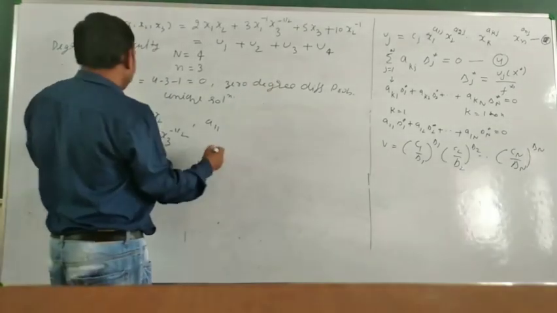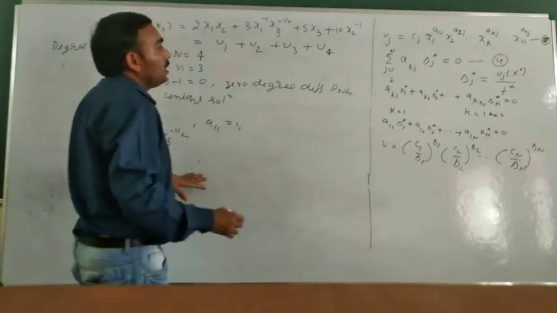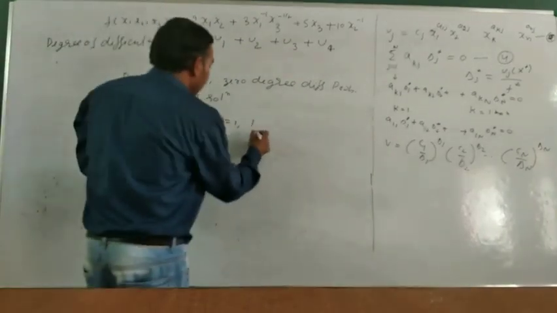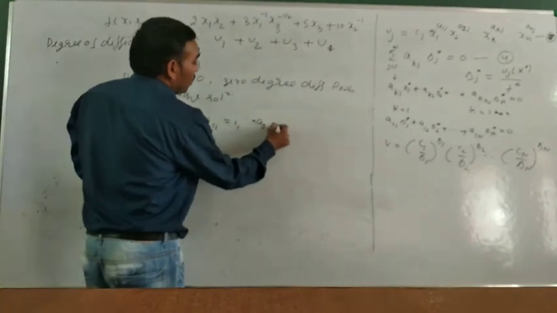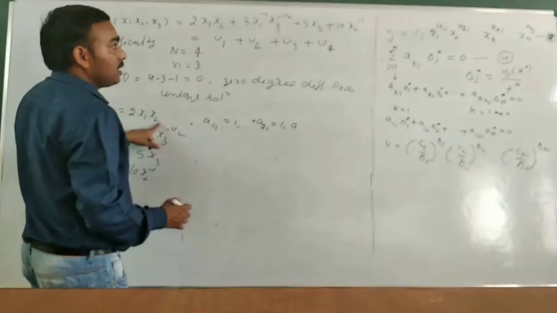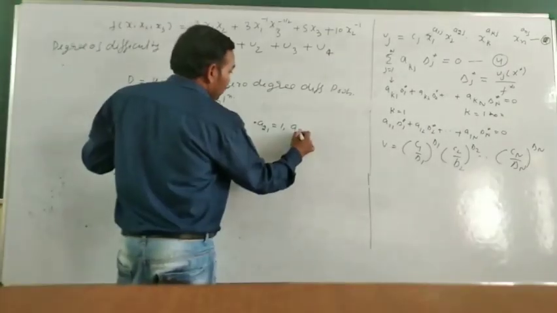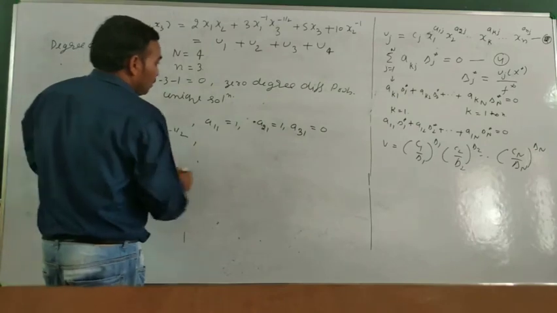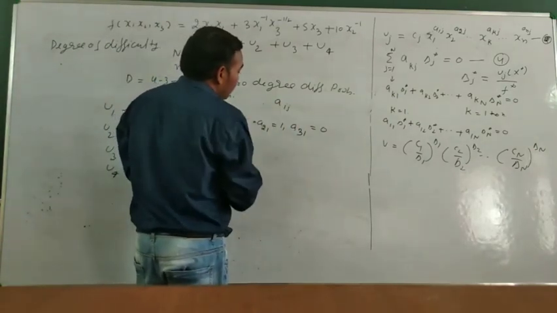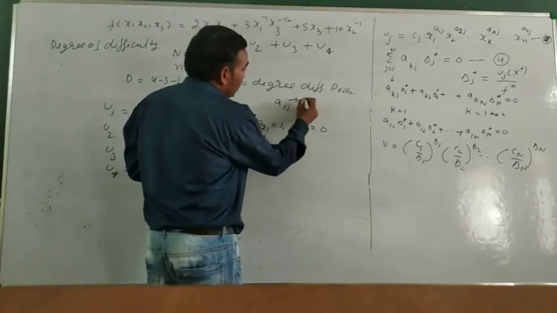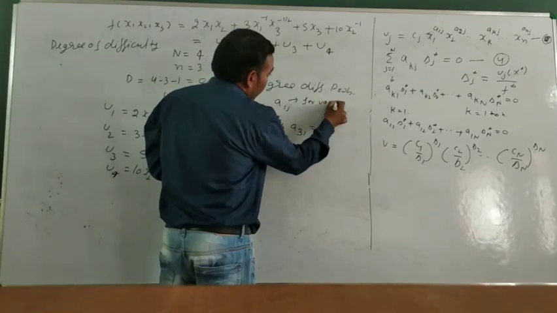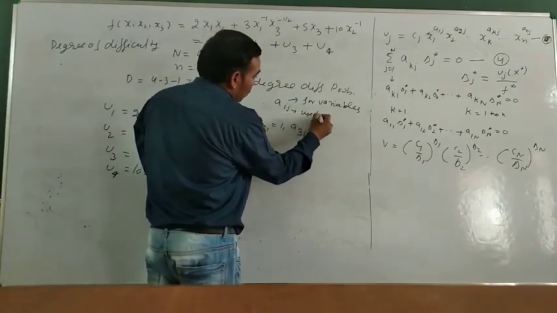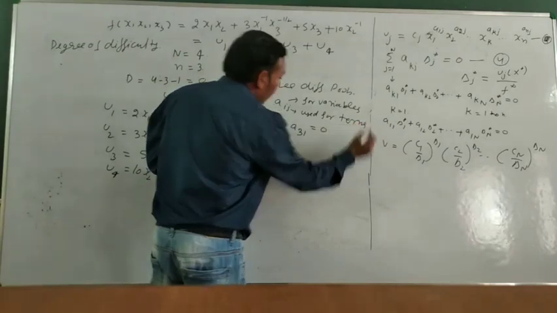So we get simply, for j equal to 1, a11 equal to 1 and a21 equal to 1, and for the x3 term the power is 0. In a_ij, i is used for variables and j is used for terms.